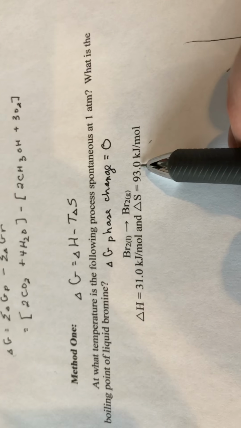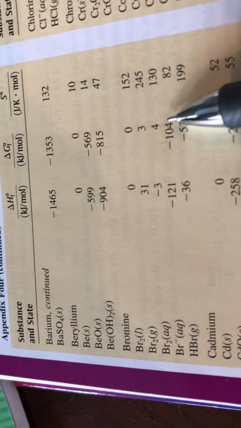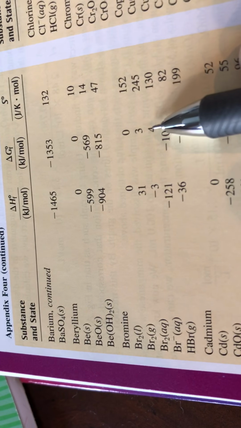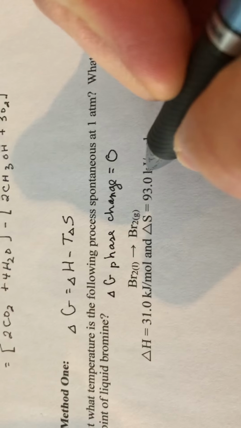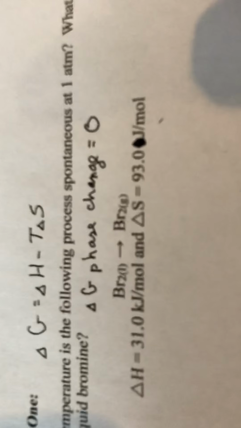Delta S is 93, and I'm pretty sure I have a mistake here. I'm so sorry. Let's check. Pretty sure this should be in the book under bromine. Oh, no, it's not the right one. Pretty certain we've got to make this a joule, that this is 93 joules, so take that off. Okay.